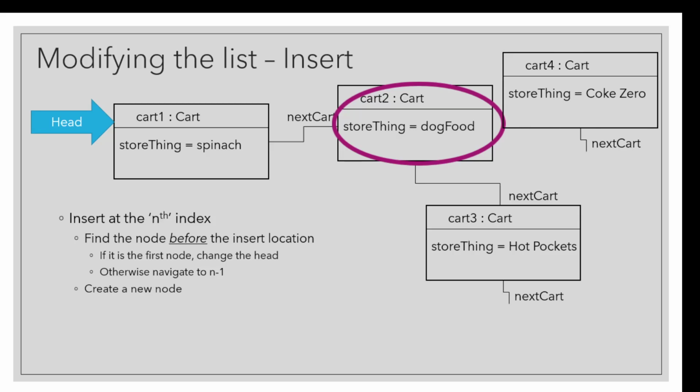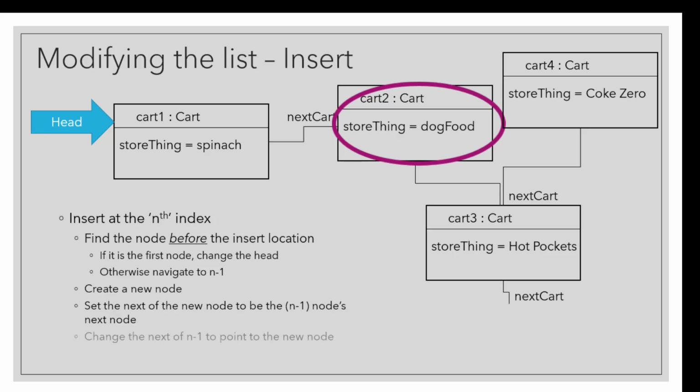I'm going to create a new node out there. And so let's say I'm going to buy Coke Zero, and I want that to be item number 0, 1, 2 on my list. Okay, remember, it starts at 0. 0, 1, 2 is going to be my Coke Zero then. And so I then set the next of the node I'm inserting to be the n minus 1 node's old next, the cart number 2's next.